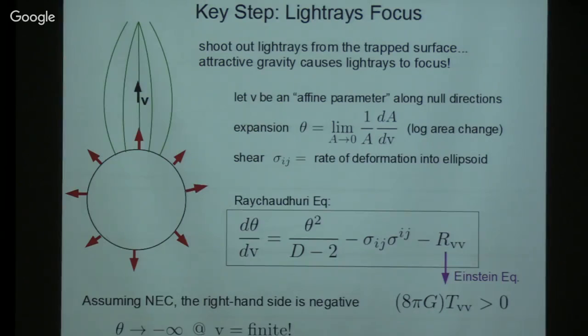To define things a little more technically, you can define a null coordinate to parameterize each of these light rays with a value of v that maybe starts out at 0 and increases. We want it to be what's called an affine parameter, which is like the analog of proper time in general relativity.